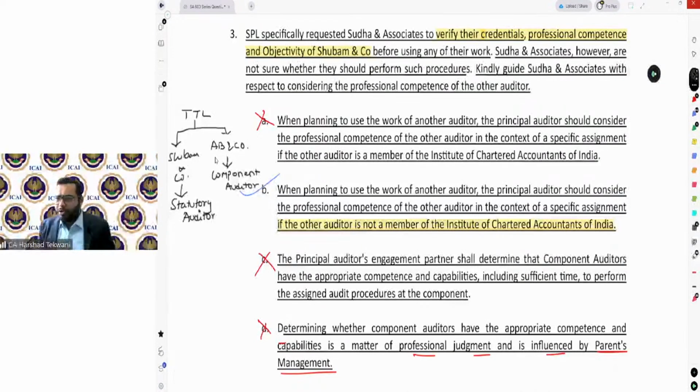And let's say, for the sake of simplicity, ABN company was suggested by Sudha and Associates. Let's say Sudha and Associates suggested TTL to appoint ABN company as a component auditor, and they agreed, and they also appointed Shubham and Company as their statutory auditor. So, do you think they can do that, appointing two different auditors?